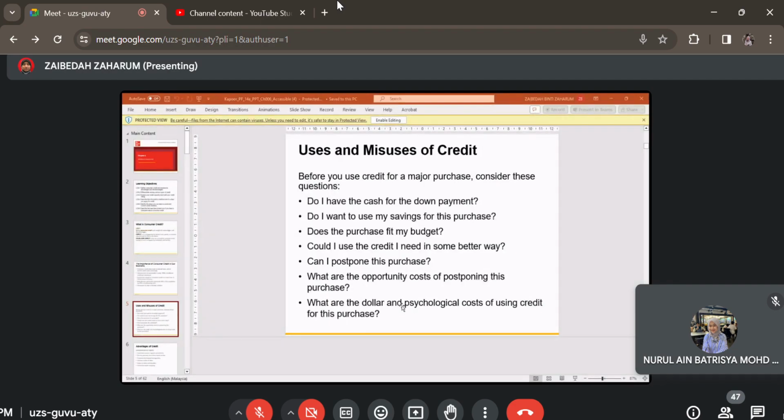Okay, and then the next question, can I postpone this purchase? Okay, so di sini, okay, the individual is prompted to consider whether the purchase is urgent or if it can be delayed. Adakah pembelian tadi tu sesuatu yang perlu disegerakan ataupun kita boleh lewatkan.